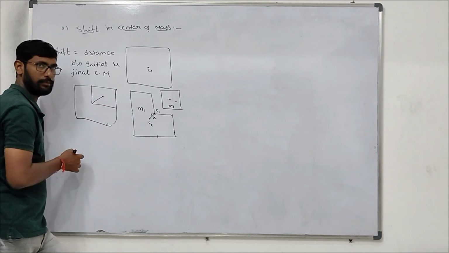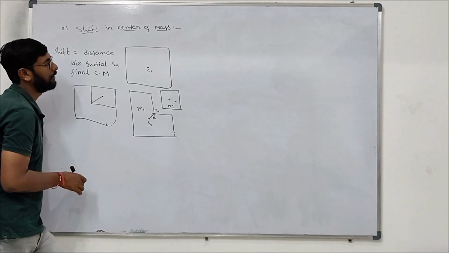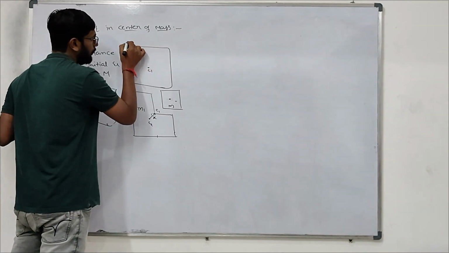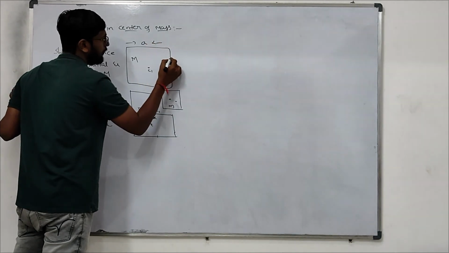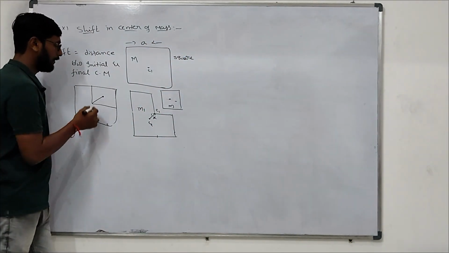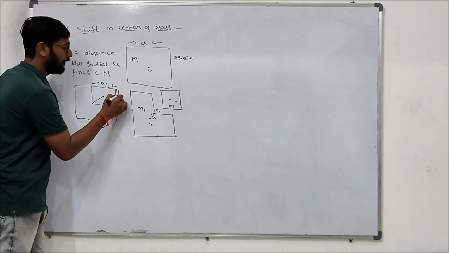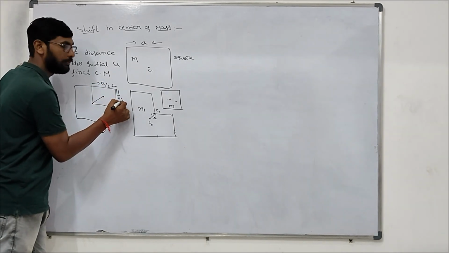This is a square of side A. We didn't mention it from anywhere. Total mass is M. Side A, it is a square. Right? Now, from here to here it will be A by 2. From here to here it is A by 2.